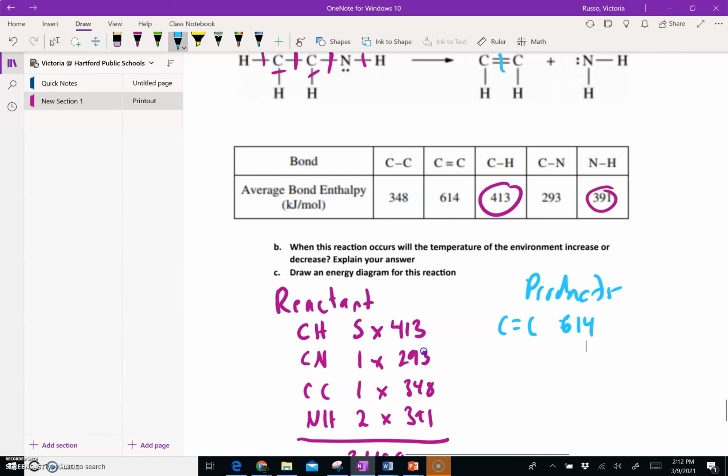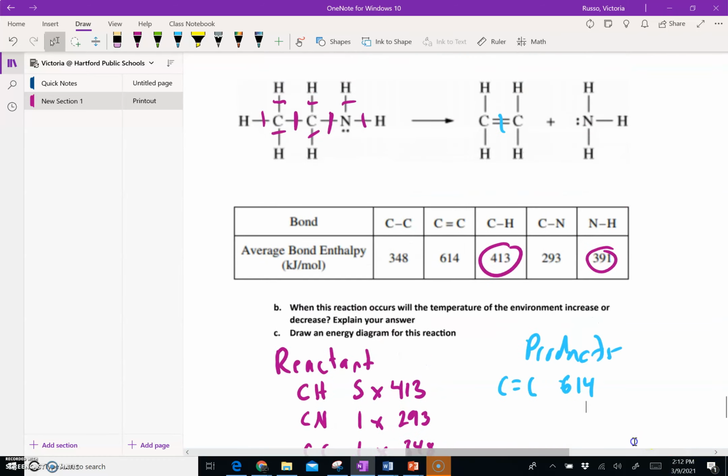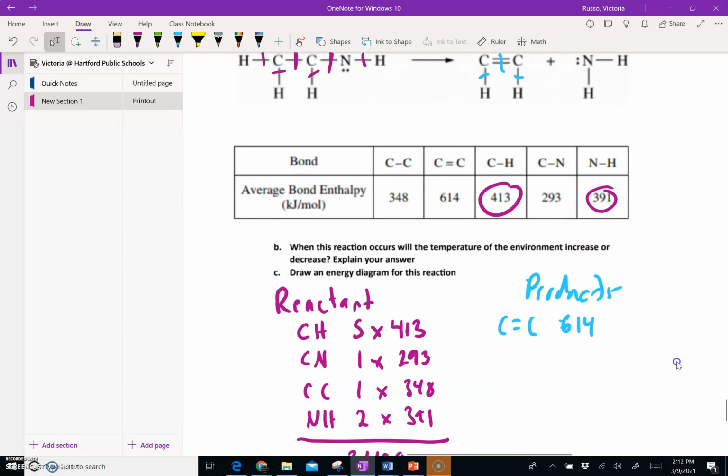614. In terms of carbon-hydrogen bonds, I see 4 of those, so 4 times the carbon-hydrogen bond, which is 413.